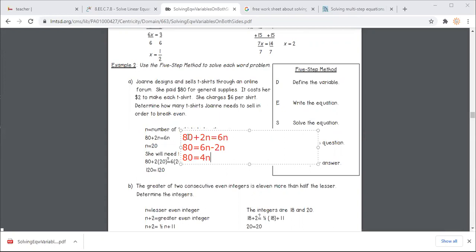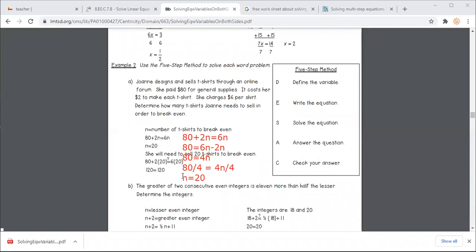What is the next step, grade 8? 80 divided by 4, right? Equals 4n divided by 4. Then n equals how many? n equals 20. Any question?